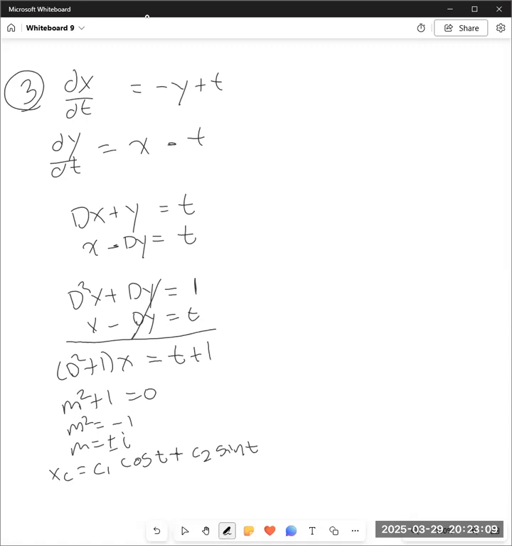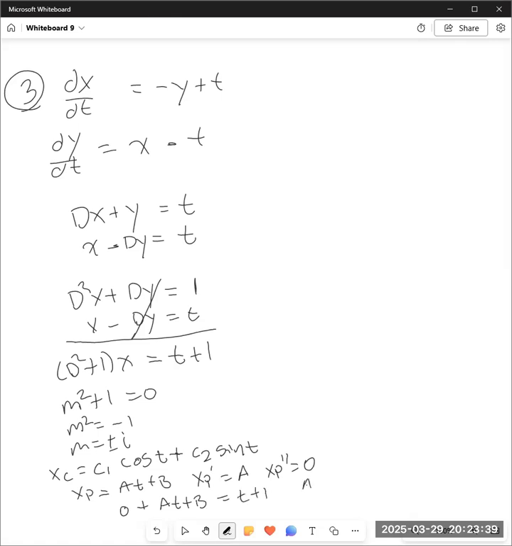My xp is going to be at + b. I'm going to need to find the second derivative of that. So xp prime is a, xp double prime is 0. And I want the second derivative plus the original. So 0 + at + b is equal to t + 1.